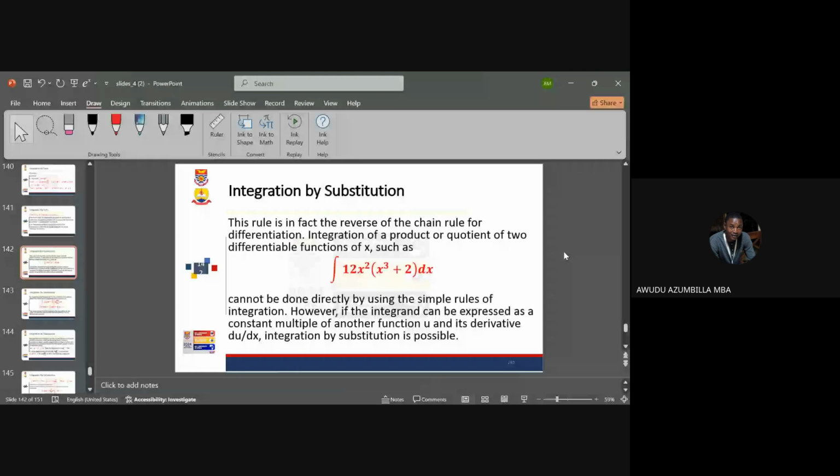Then when we divide it into two parts, the function itself and its derivatives, then we can substitute them back into the original function to get our integration. So this is going to be easy in how we are going to do it. So take note of this function there. We are going to use that example to work out.